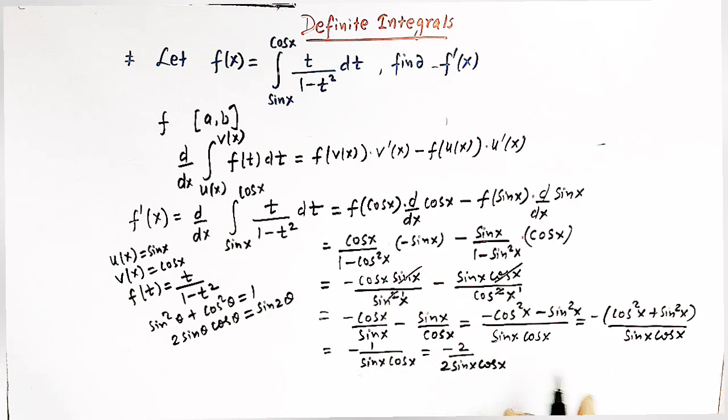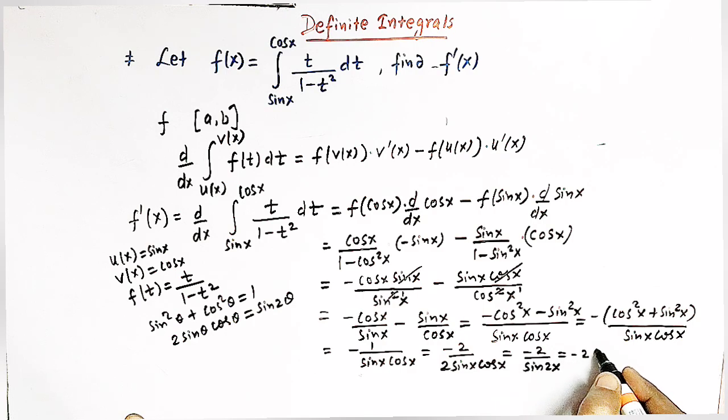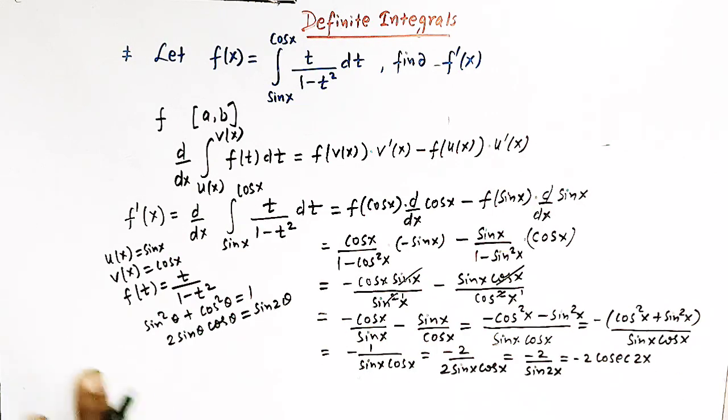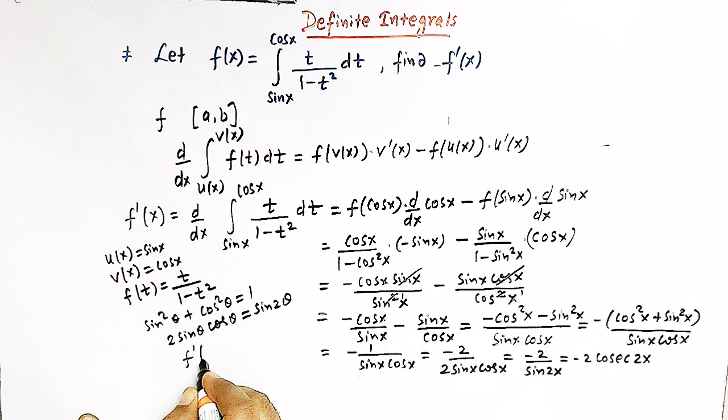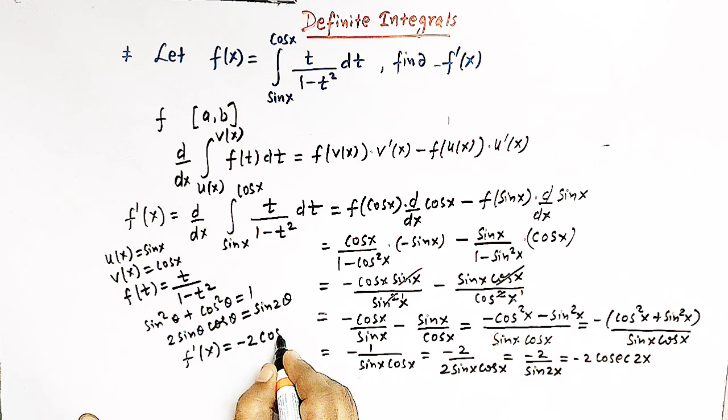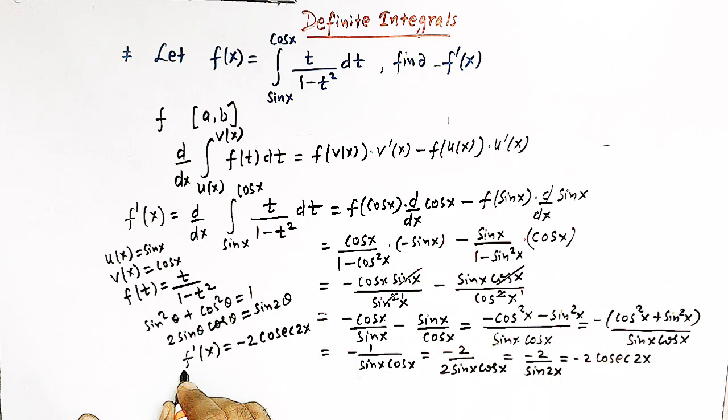Here 2 sin x cosine x is given by sine 2x. So we have minus 2 over sine 2x, and 1 over sine 2x can be written as cosec 2x. So the required derivative of the function f of x is given by f prime of x is equal to minus 2 cosec 2x. So this is our required derivative.